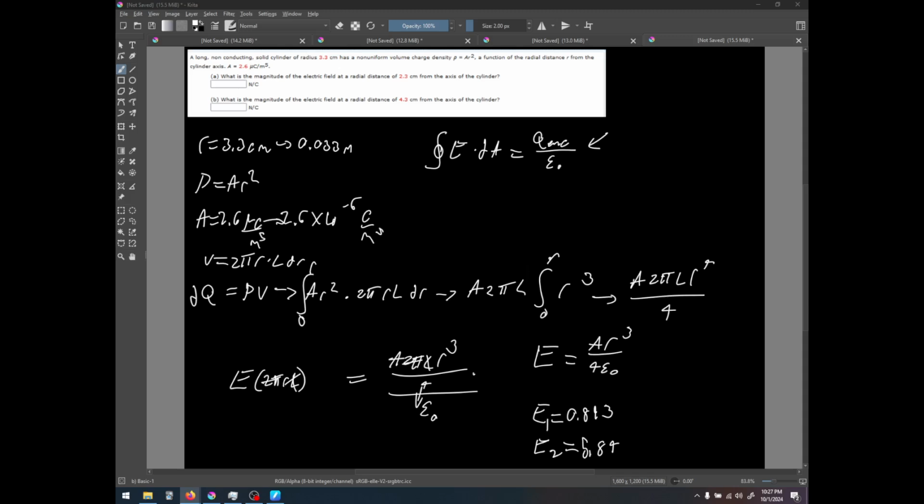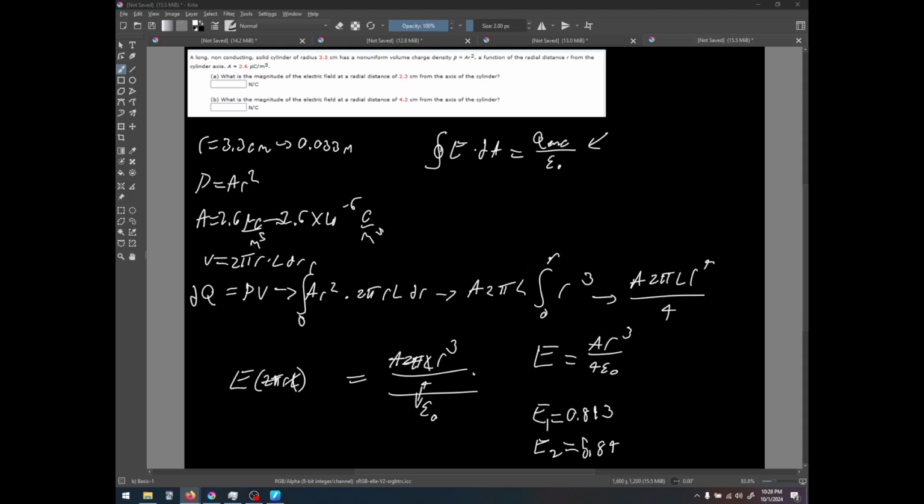What's the magnitude of the electric field at 4.3? The electric field is in newtons per coulomb. That is the correct answer to the question. But that's just part A.